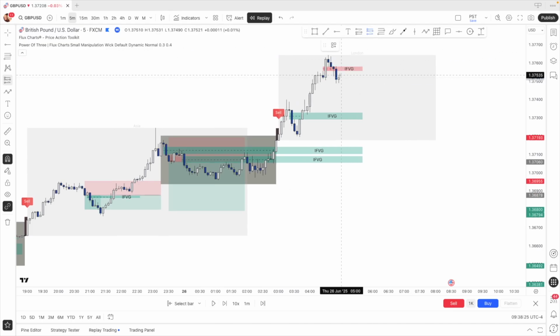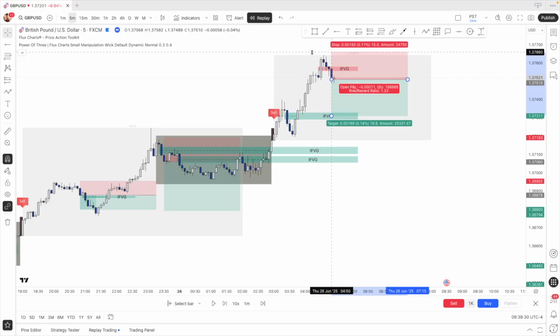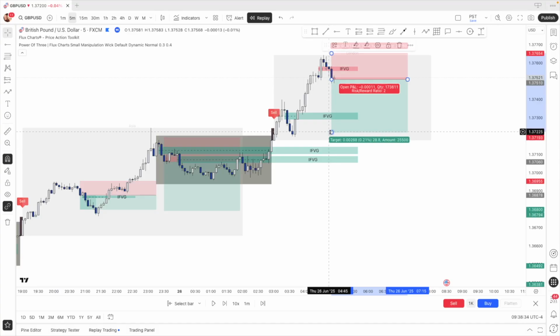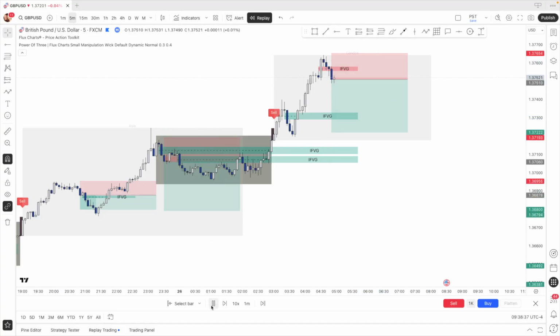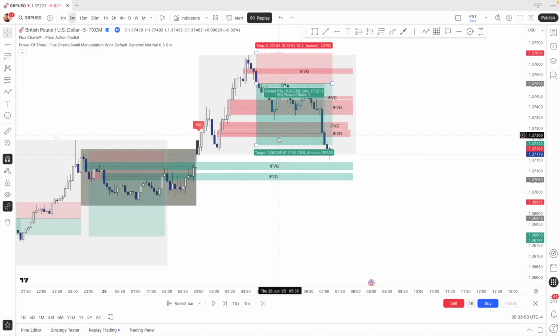There we go. So you can enter right over there. And you can put your stops above this high and you can target a fixed 1 or 2. And let's see how this one plays out. And as you can see, we got our TP right over there.